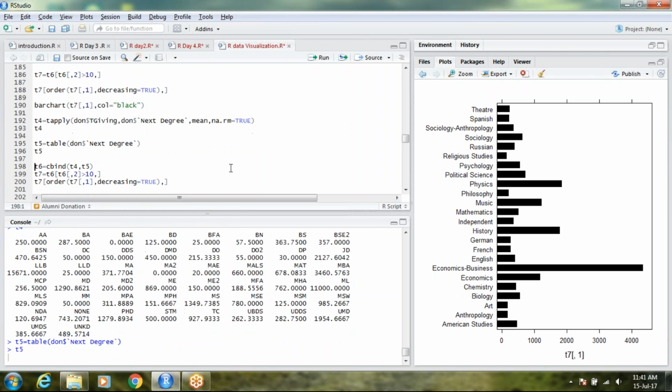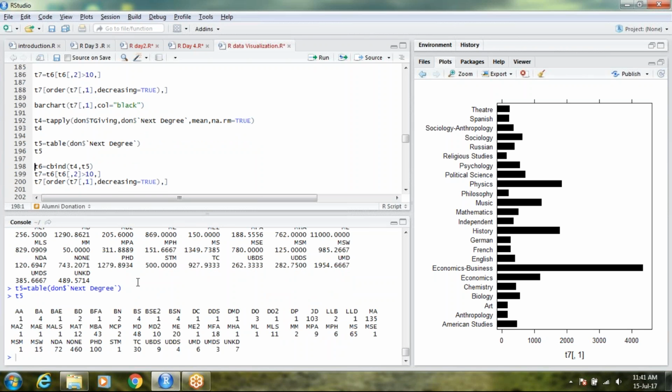So let's understand here as well. If I see the next degree wise, this is the distribution that I have: LLB, JD, LLD, MA. Here also I will be subsetting a few of them, only considering those where the degree has been pursued by more than 10.